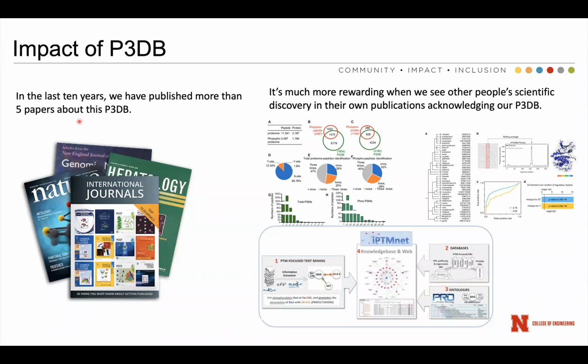But what makes us more proud of is that we see a lot of scientists using our functions and the data from our P3DB to make new discoveries and come up with their own publications. That means our database is very useful and can create very fruitful impact. I put some examples here to show you how people use our database and the framework to do their own work.